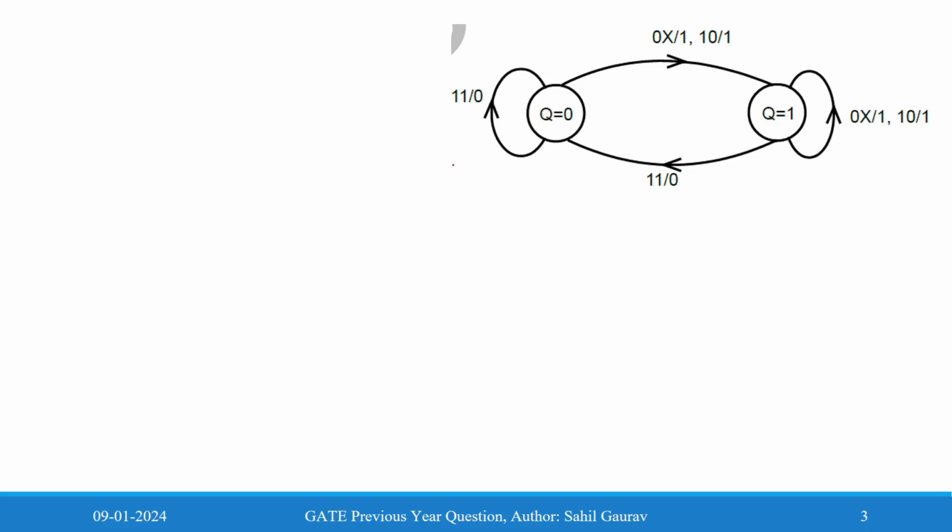Here the state transition diagram is given. Let us make the truth table for this state diagram.